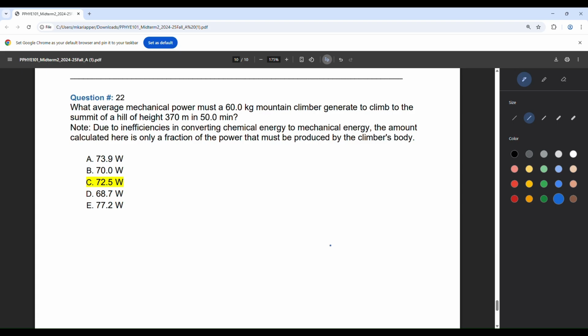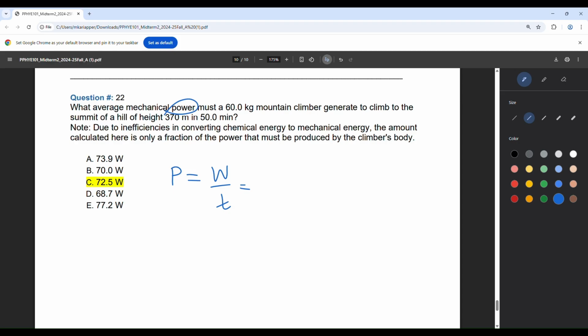Right, this one. The last question in this. So you have someone climbing a mountain. This is the last topic, the power. Power is the rate at which you are doing work or the energy conversion. Whatever work you do will be spent in changing your potential energy, because we are assuming it's 100% efficient.